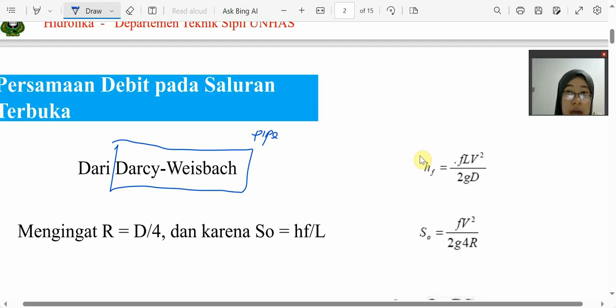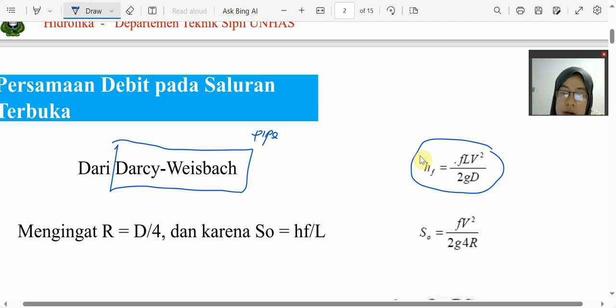We know that there is a head loss or energy loss because of the friction in the pipe, and we can calculate it from the Darcy-Weisbach equation. If you remember, the head loss because of friction, hf, is equal to the friction factor times the length of the pipe times the velocity squared over 2g times D, the diameter of the pipe.